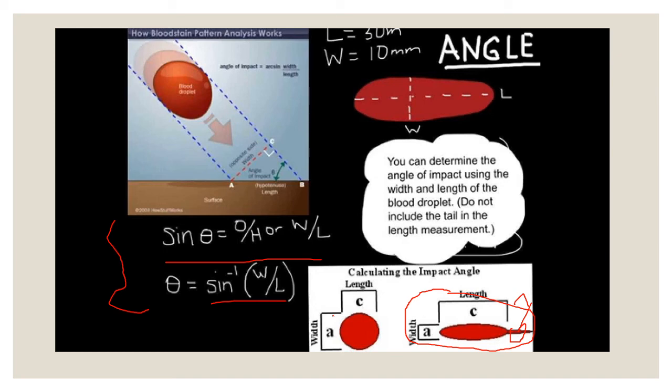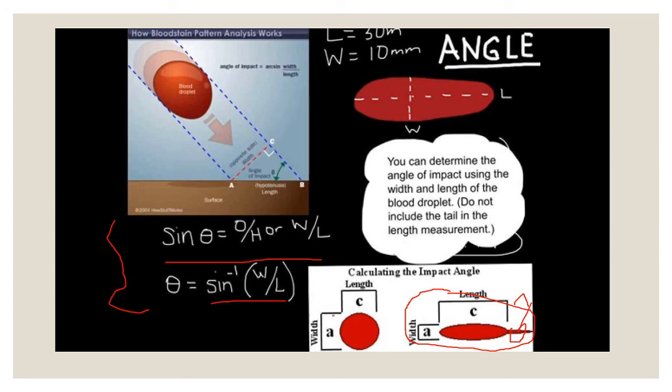Likewise blood has its surface tension, and if it is falling from a particular distance, it gives a spherical shape. From this we can identify the angle of impact of the blood stain, and also the origin of the blood stain from the angle of impact and the point of convergence and such things.